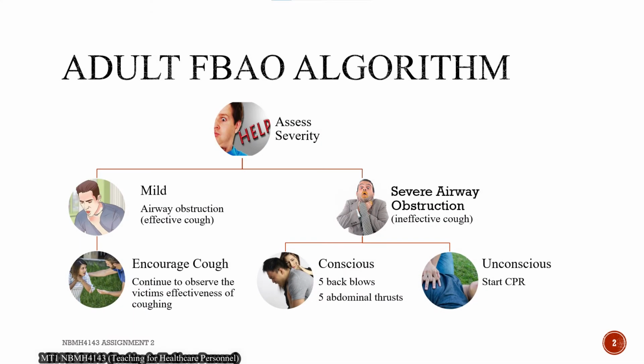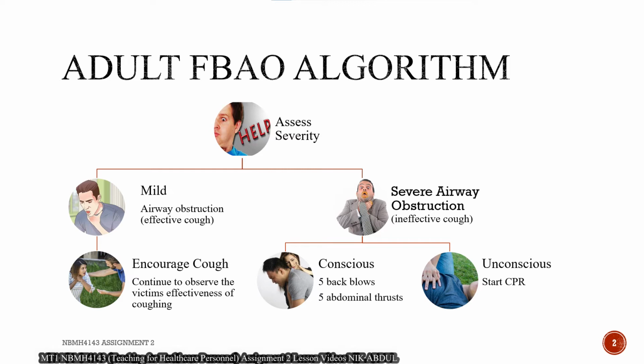Next, let us look at the slide about the adult foreign body algorithm. This algorithm is important because it shows how we can manage the victim with foreign body obstruction and how we can assess the victim. First of all, we need to assess the severity of the foreign body obstruction when we encounter the victim.